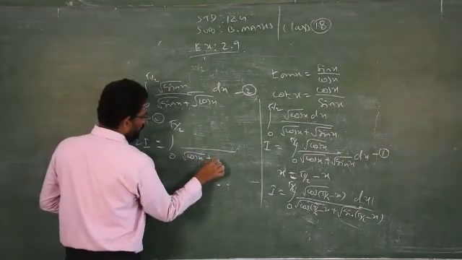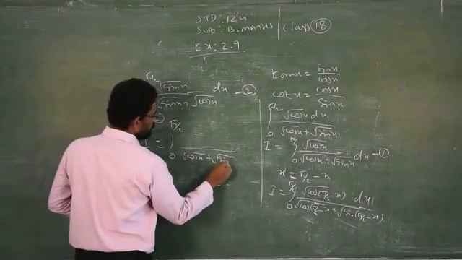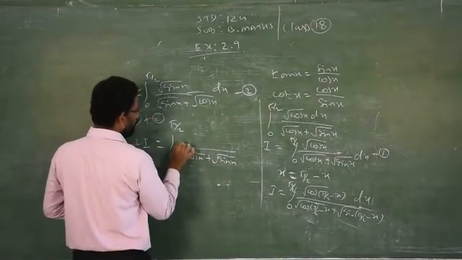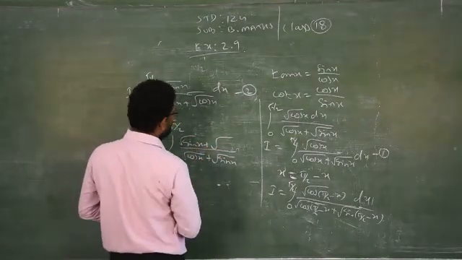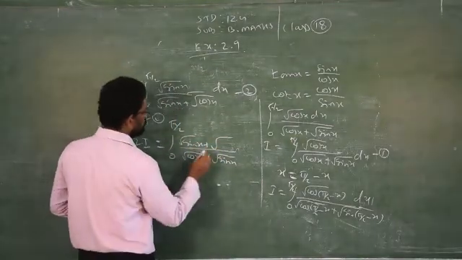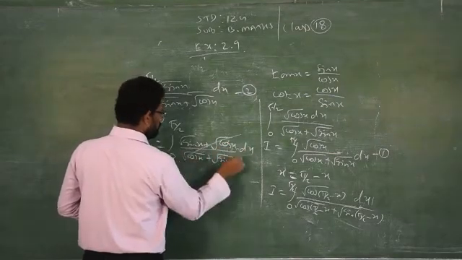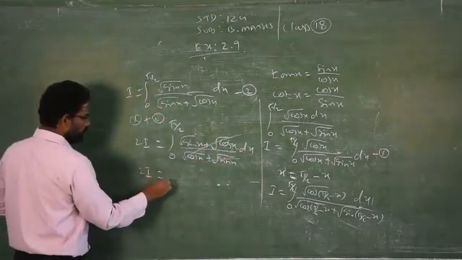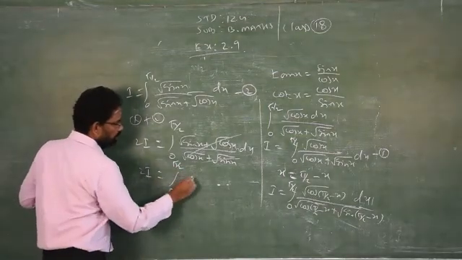As you know from the lower classes, if the denominators are the same, you can straight away add the numerators. So I am adding the numerators alone because the denominators are the same in both equations. These two get cancelled straight away, so you get 2I is equal to the integral from 0 to pi by 2 of dx.